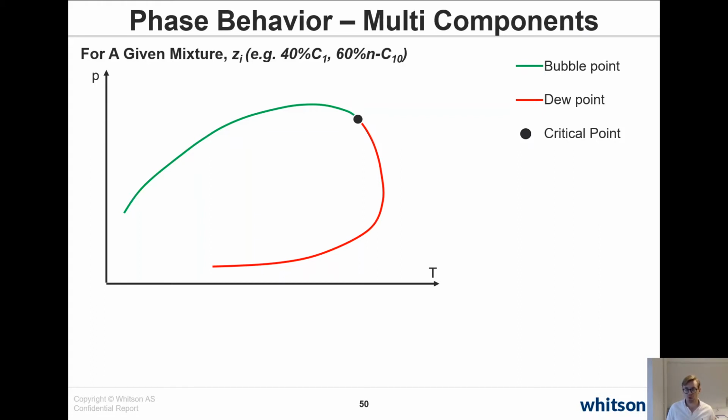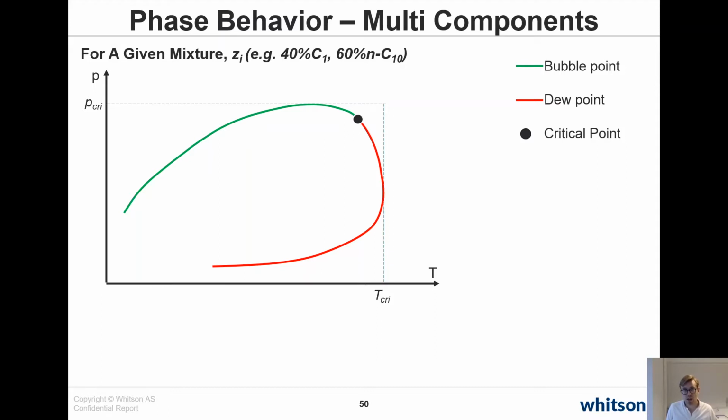When we talk about a multi-component system, we have what's called a phase envelope, where everything within this envelope is two phases and everything on the outside is a single phase. Related to this, we typically talk about a cricondenbar, which is the maximum pressure where there's actually a saturation pressure.